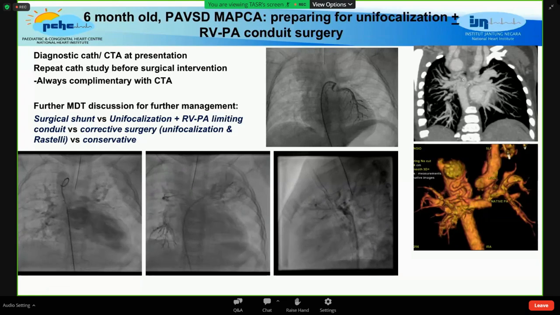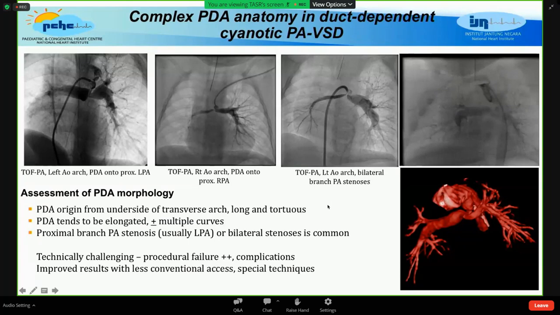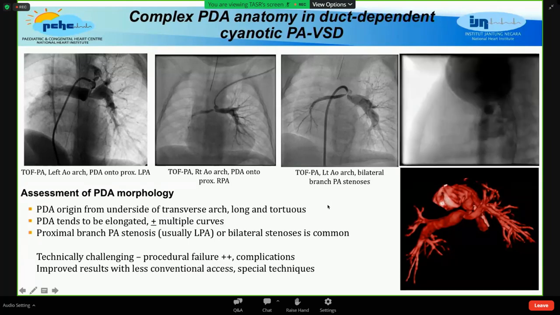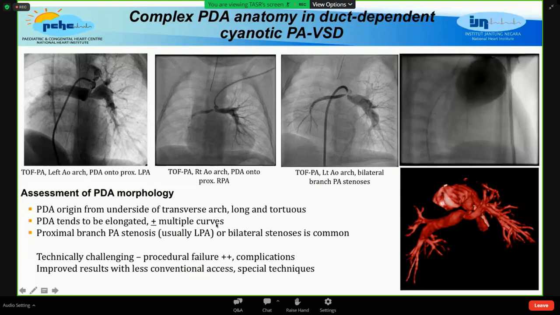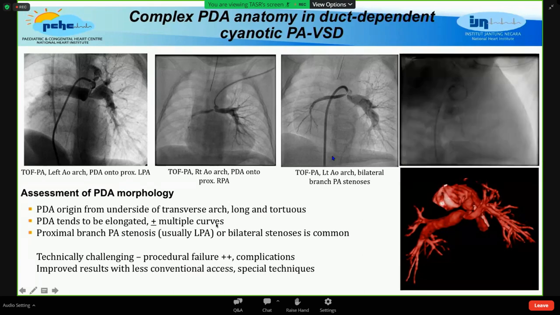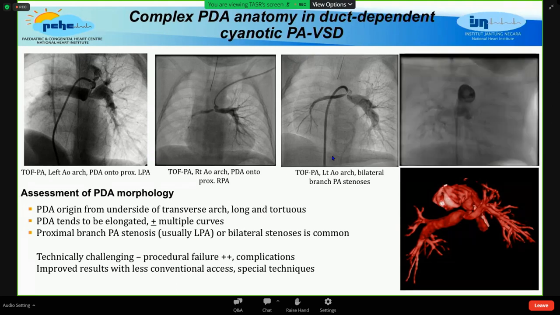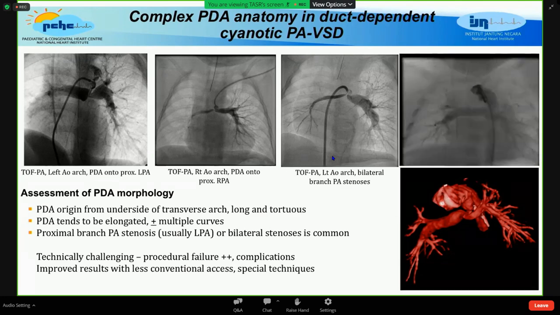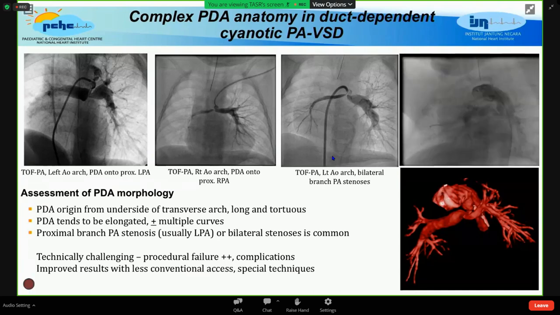All right, again, I think we discussed in further detail this morning the complex PDA anatomy, either suitable or not suitable for PDA stenting. For example, I think CAF is also the gold standard to assess PDA morphology, to assess the origin of the PDA, either the underside of the transverse arch, the tortuosity of the PDA, or whether the PDA is elongated with multiple curves.